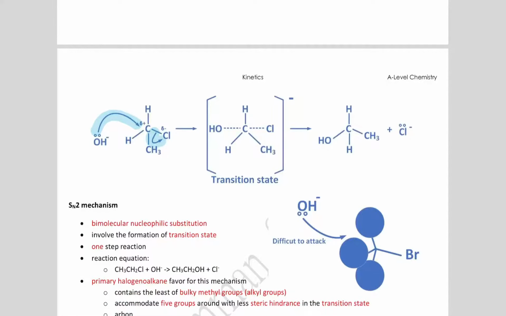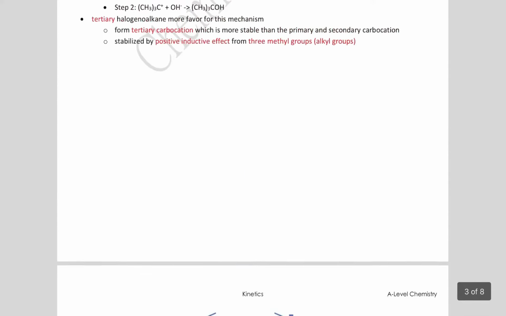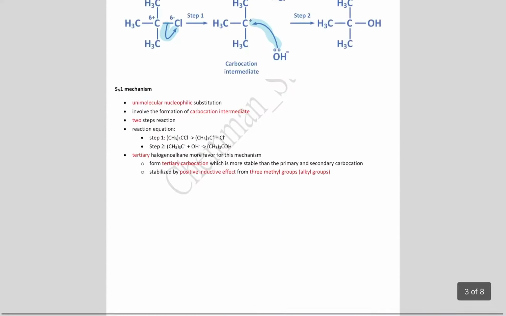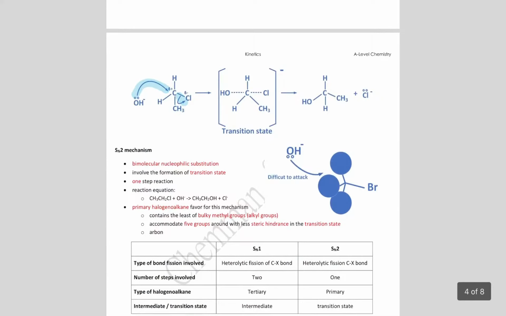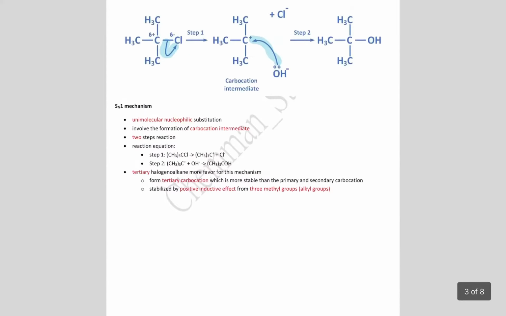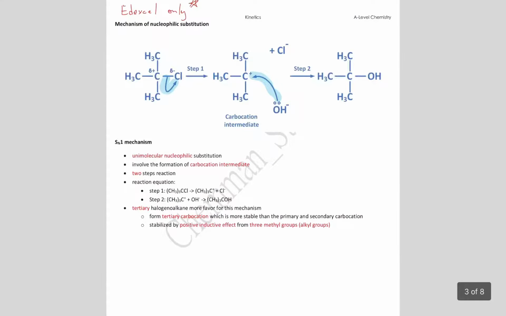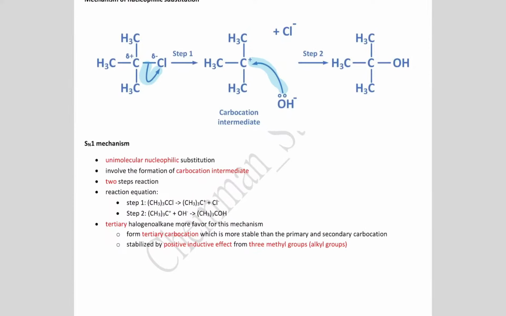You always have to include those arrows, because no matter how you draw the mechanism, the reaction style is like that. You break off the halogen and then you replace it with the hydroxide in order to form an alcohol. But SN2 will combine the two arrows at the same time. Then for SN1, you do the arrows step by step. Therefore, SN1, although there's one here, technically is a two-step reaction.